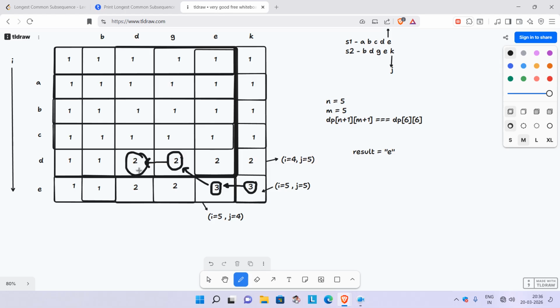If I'm coming to this value, and since D and D are the same, that's why I have to add this in our subsequence.